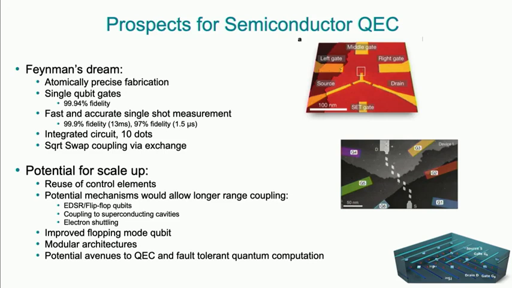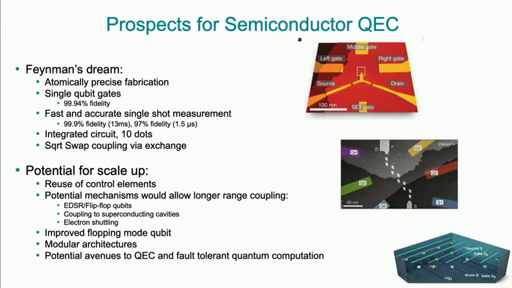We saw things like the fidelities for single qubit gates being well above 99%, and the fast and accurate readout times that we can have in these devices. You saw the way that Michelle Simmons and her team can fabricate arrays of quantum dots here with 10 quantum dots and 2 qubit gates.